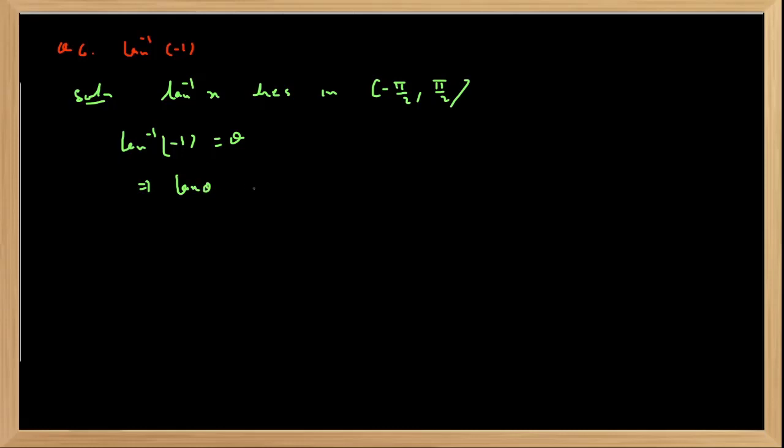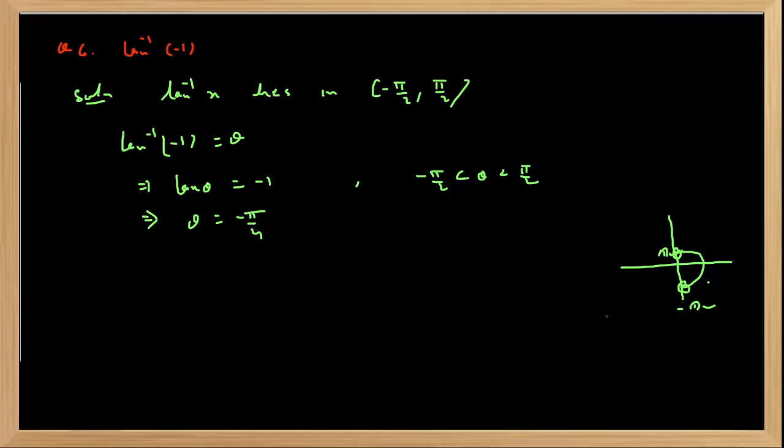This implies tan theta is minus 1, and theta is between minus pi by 2 to pi by 2, excluding minus pi by 2 and pi by 2. So in minus pi by 2 to pi by 2, tan theta is minus 1 here in the fourth quadrant, and it will be minus of pi by 4. Tan of minus pi by 4 will be minus tan pi by 4.